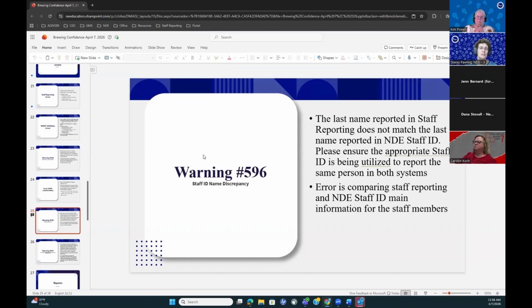So we recommend that you have NDE staff ID with the most current name for the staff member, and also to search and make sure there's not a duplicate ID out there. And if you find a duplicate ID, please submit a ticket with our service desk so that you can start a review process, because each person should only have one ID. So I want to highlight that.